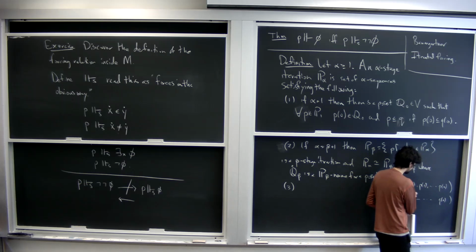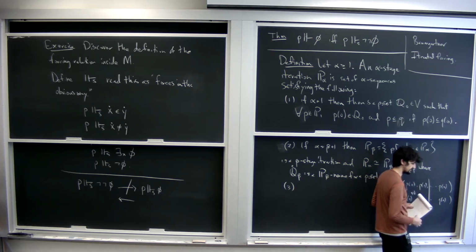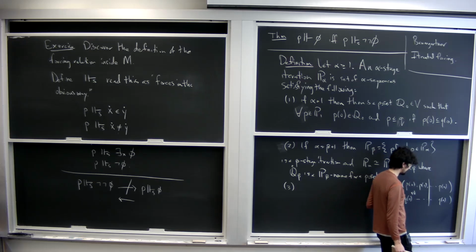In order to say that Q is stronger than P, it's going to be some inductive procedure where I fix the common initial segment, and the condition down here, which is stronger by induction, needs to force that the next coordinate is also bigger. Then I continue. So anytime I need to verify that one condition extends another, that involves working through the inductive definition of the order.